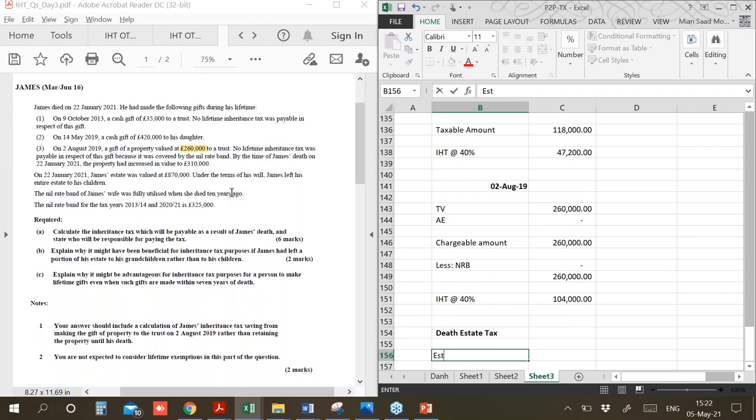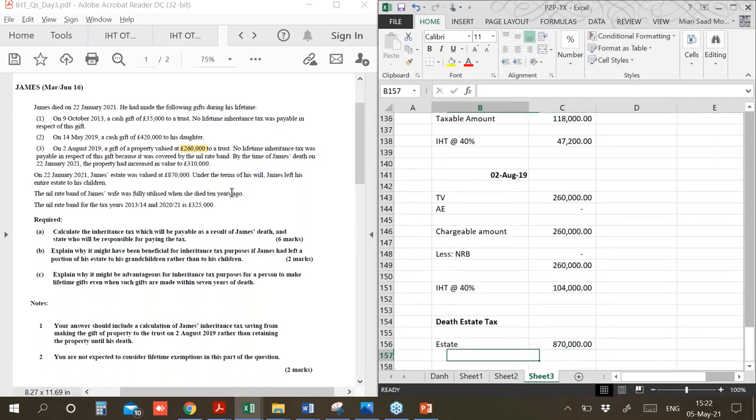So let's calculate the death estate tax. Estate value is 870,000. There is no annual exemption available at death estate. The only relief that would have been available was nil rate band. But guys, is there any nil rate band left by the lifetime transfers that can be used by death estate?